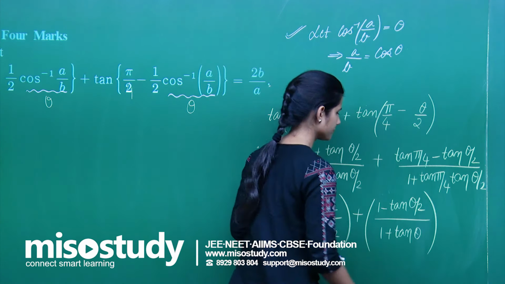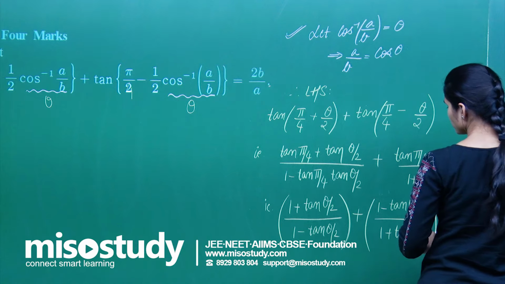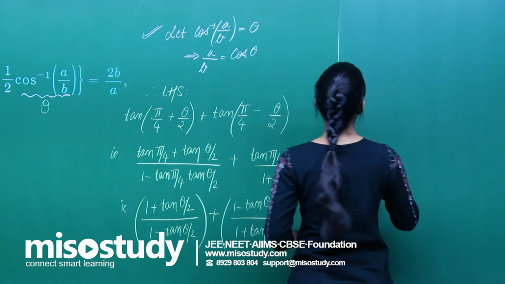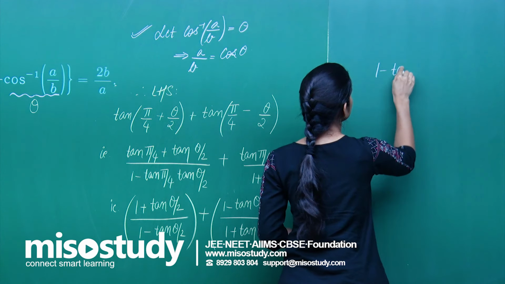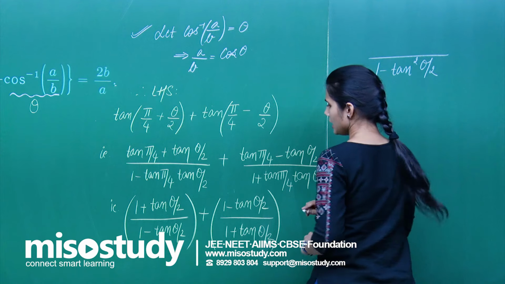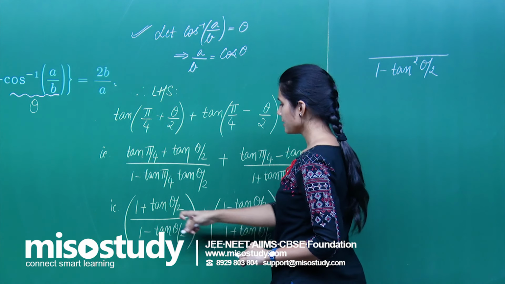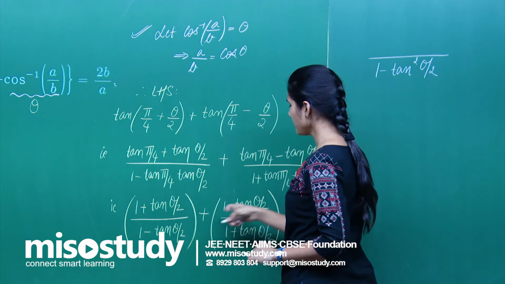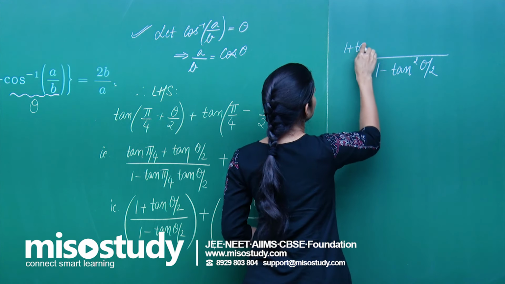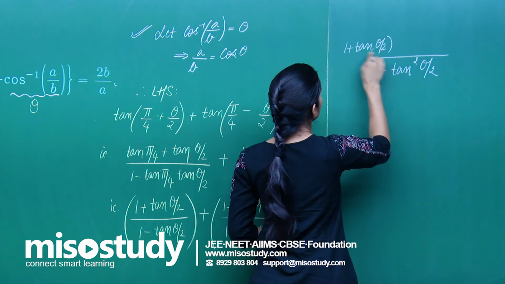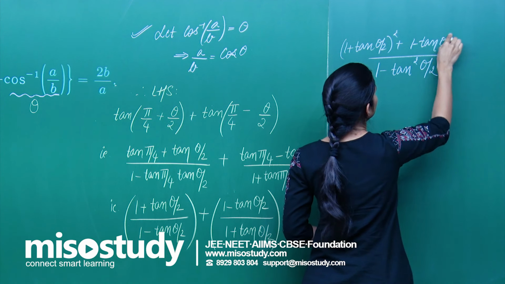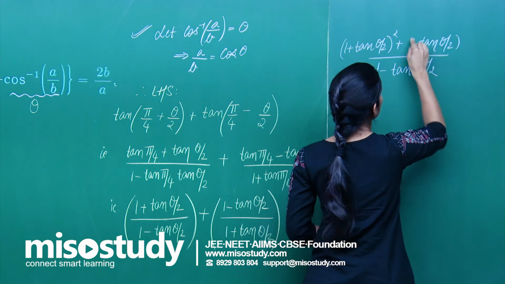Clearly you can take out the LCM as 1 minus tan theta by 2 into 1 plus tan theta by 2. A minus b into a plus b is a square minus b square, so LCM is 1 minus tan square theta by 2, that's the LCM. And here you have 1 plus tan theta by 2 whole square plus 1 minus tan theta by 2 whole square.